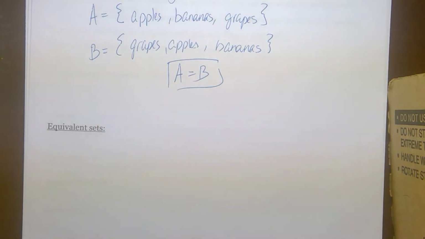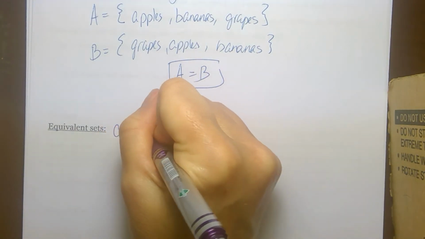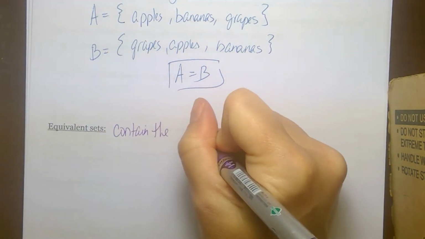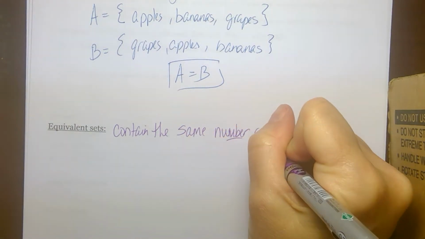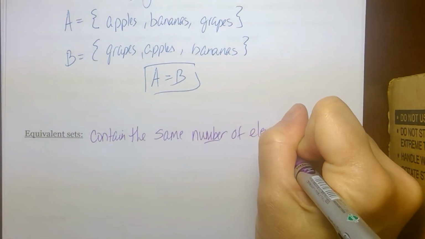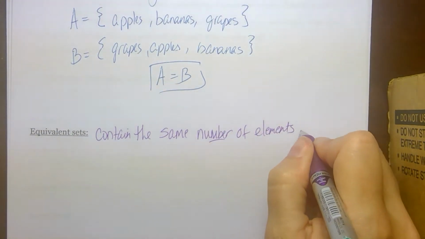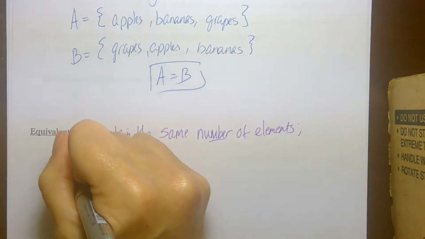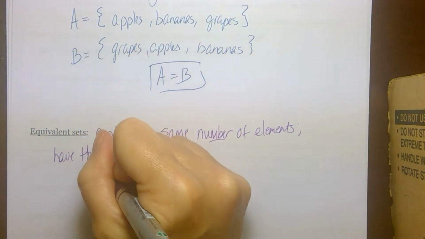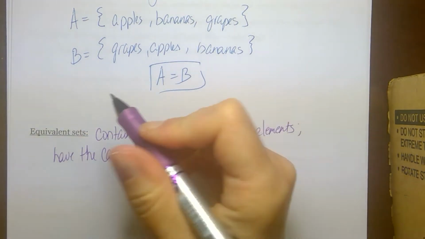Equivalent sets, however, contain the same number of elements, but the elements don't have to be the same. Another way of saying that is that they have the same cardinal number. That's a new term.